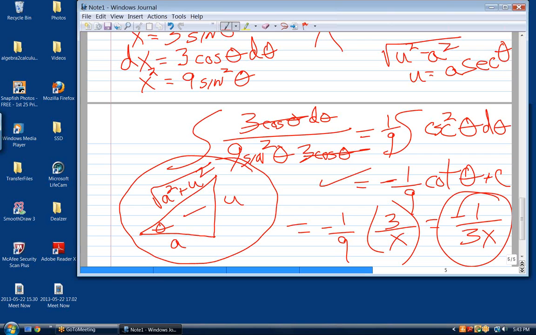Once you're able to dimension this triangle fully, now you can convert any trig function answer back into a polynomial by just reading it from the triangle. What is the cotan of theta? It's a divided by u. 3 divided by x.